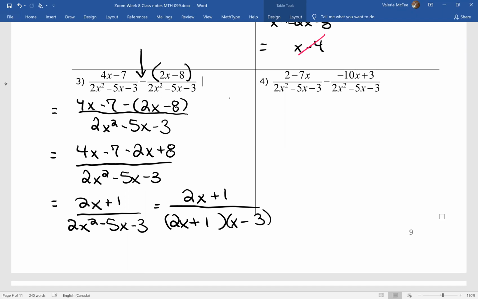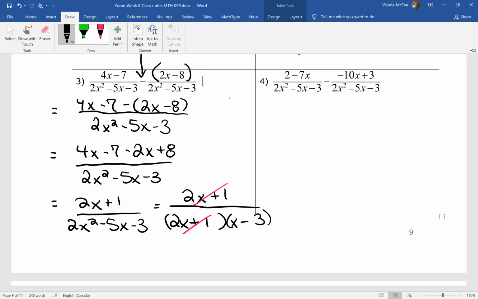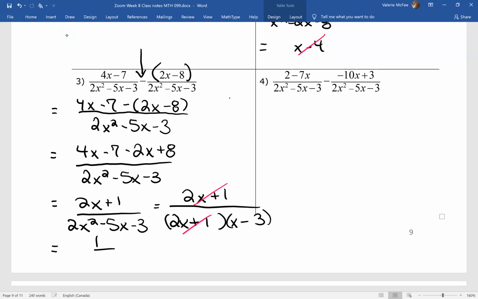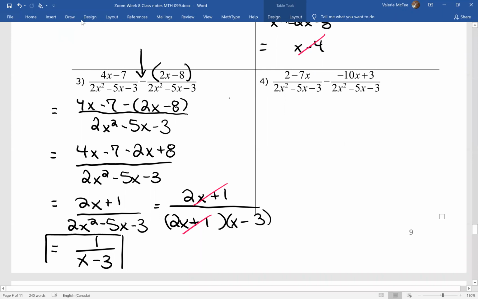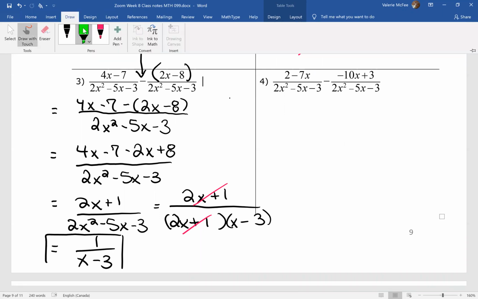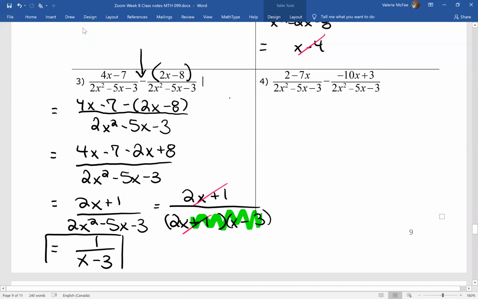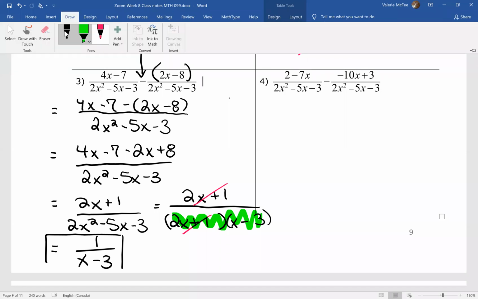Yeah, I can divide out that 2x plus 1. And what about our restrictions? Remember, we're looking at the denominator. The denominator cannot equal 0.